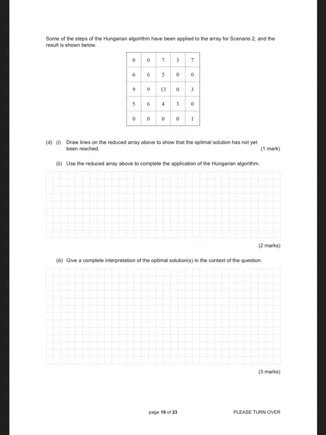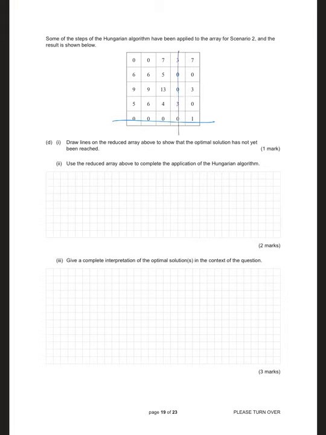Some of the steps of the Hungarian algorithm have already been done for you. A lot of this exam's been done for you already. Draw lines in the reduced area to show it hasn't been reached yet. Most number of zeros I can hit is 4. Next is 3.